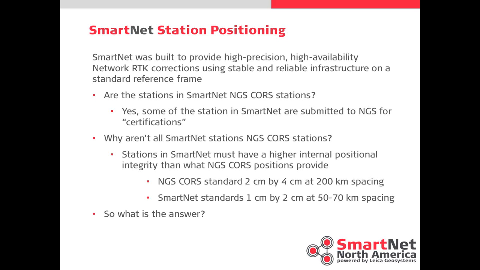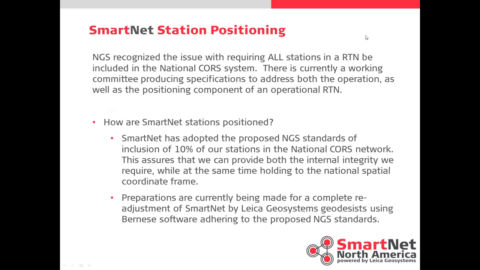So these two things don't fit together all the time. The good thing is NGS recognized this issue with requiring all stations in the RTN to be included in the national CORS system. So currently there's a committee producing specs to address both the operation as well as the positioning component of operational RTNs out there in the field.